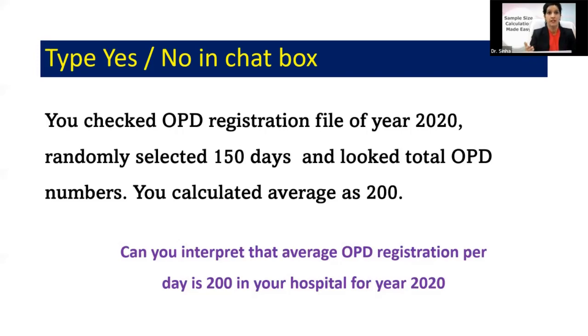Now can you say that the average OPD registration per day is 200 in your hospital for that particular year 2020? Yes, you can say that, because this 200 represents these 150 days, which represent the 365 days.